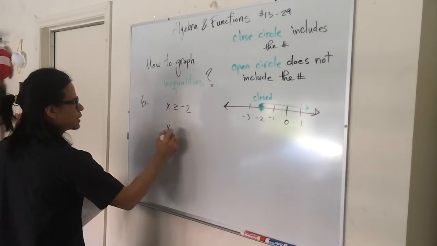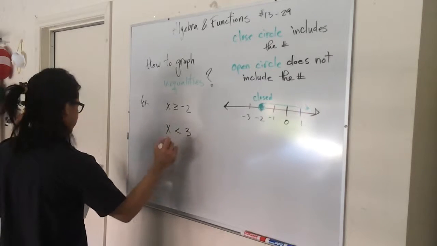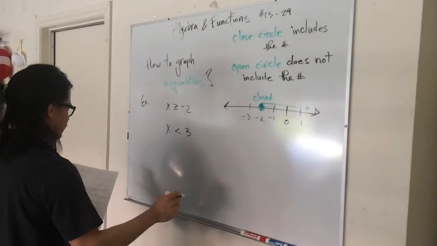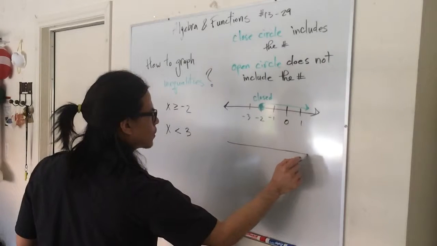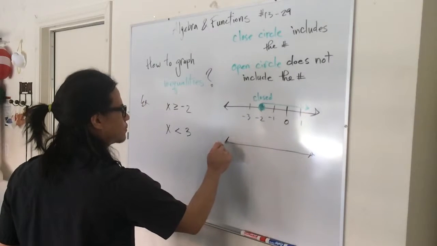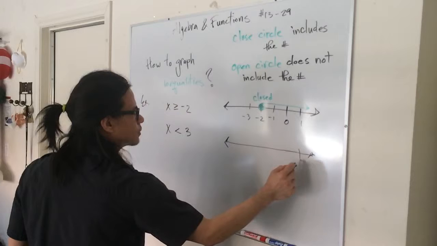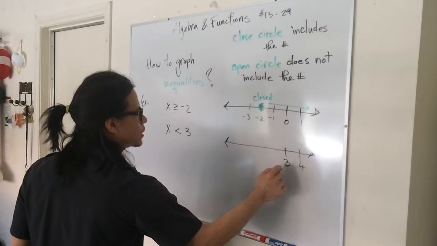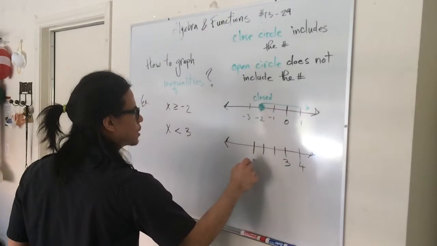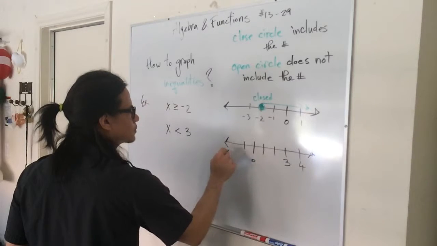For example, if you have x is less than 3, okay, so again, the number line, let's say 4, 3, 2, 1, 0, -1.